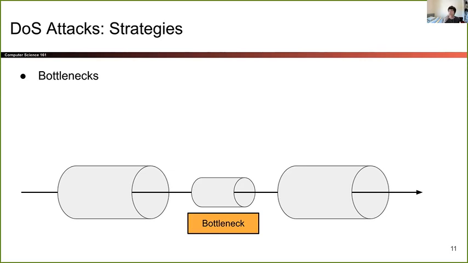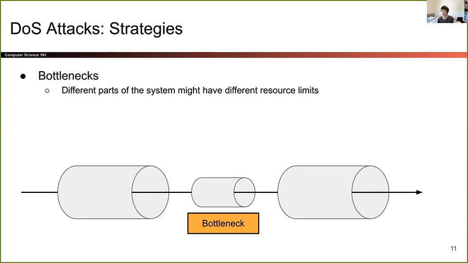Bottlenecks are this idea that different parts of the system are going to have different limits. Maybe your CPU is super powerful and your memory is super powerful, but you're still running on a really old system that uses a really old graphics card or something. So you might have 2 parts of the system that are able to handle a lot of capacity.